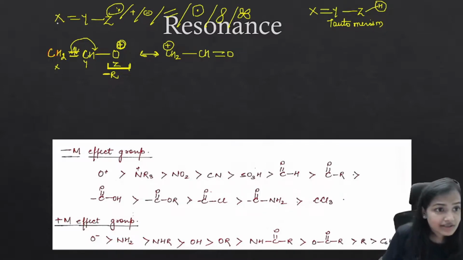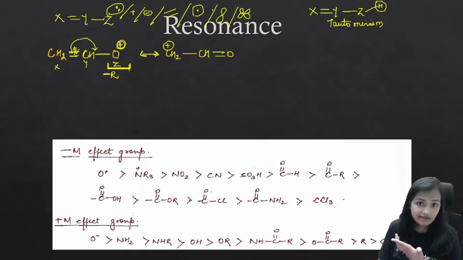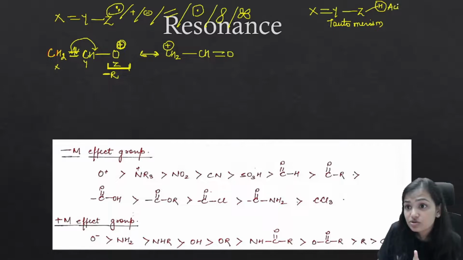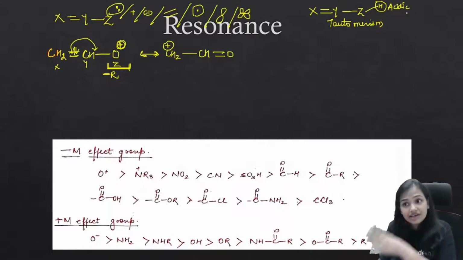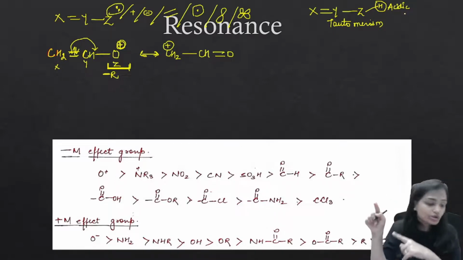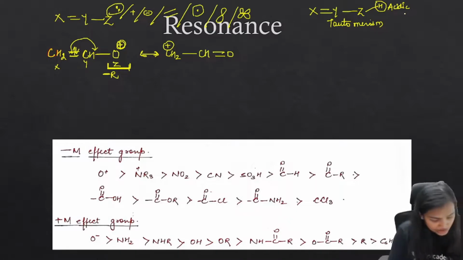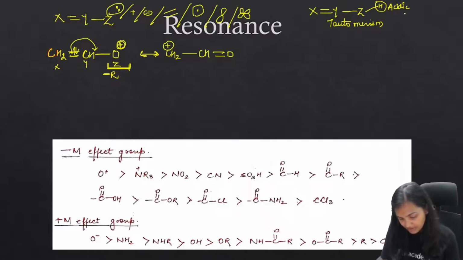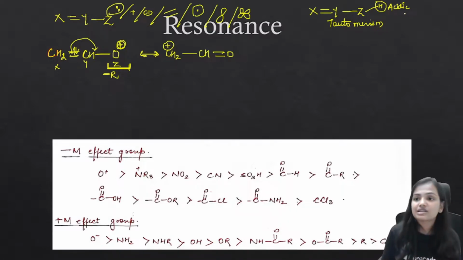Here also you have XYZ, but here we could have electrons, that is lone pair, positive, negative, pi bond, radical, vacant orbital. But there you will have hydrogen, which has to be acidic. If you have this kind of system, then this is known as tautomerism. Understood? That is the difference between tautomerism and resonance.